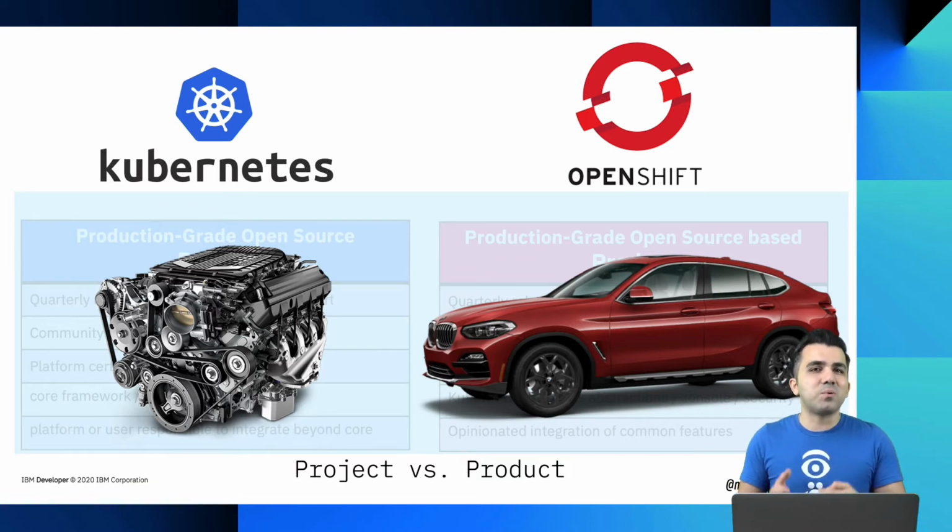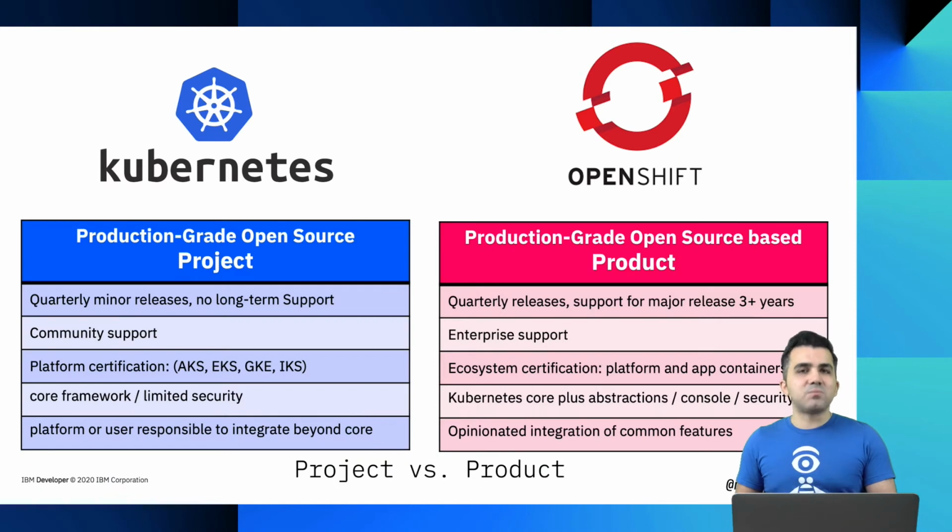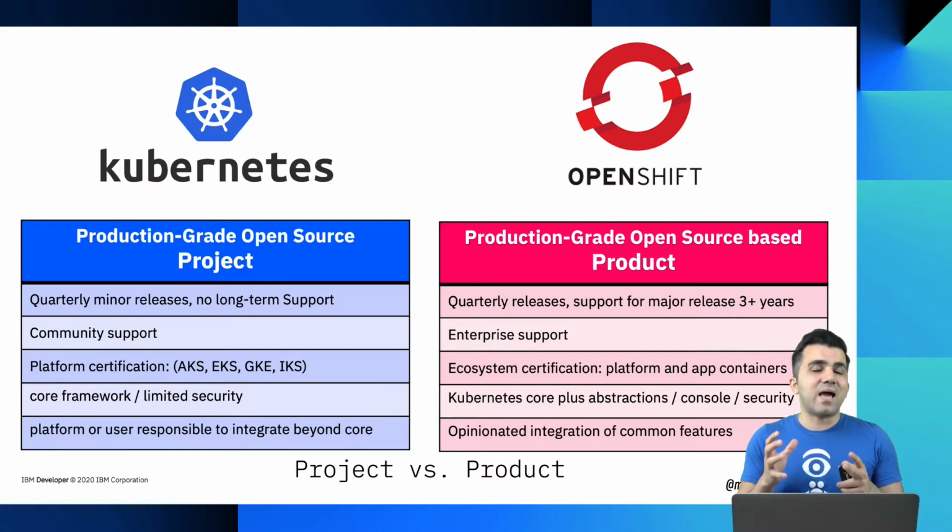What you get with OpenShift includes enterprise support, ecosystem certification, and most importantly, regular updates and releases, security updates and releases at every level of the container stack and throughout the application lifecycle. That is an opinionated integration of features to simplify and secure your application.